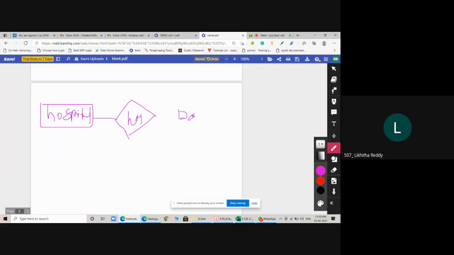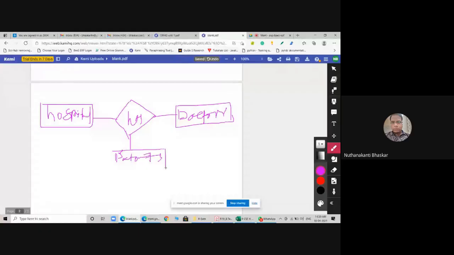Hospital has doctors, hospital has patients. Three entities are only there, and administration. Where should I write physician?